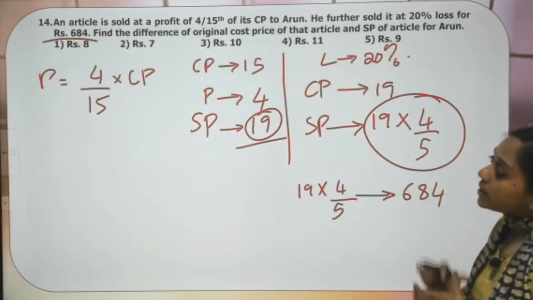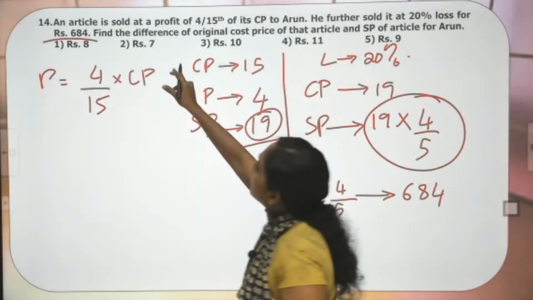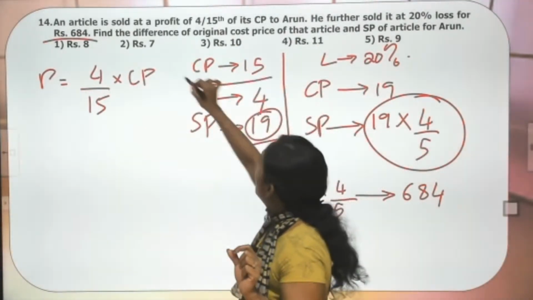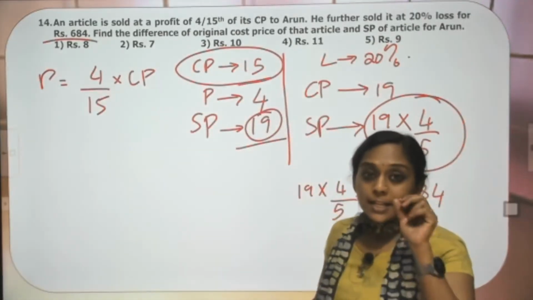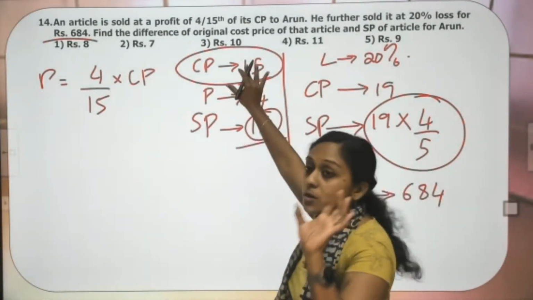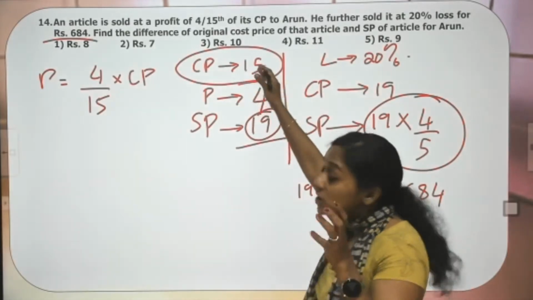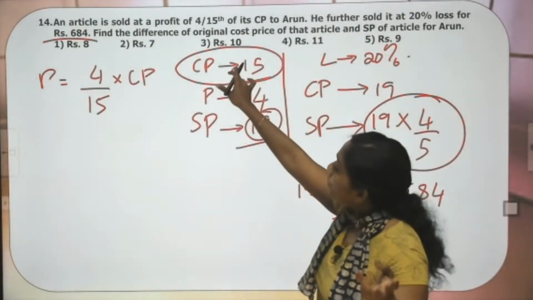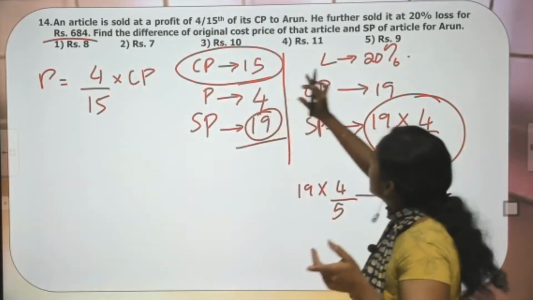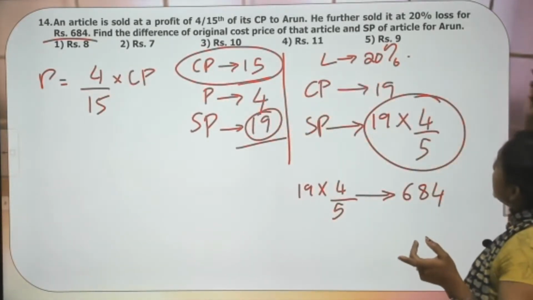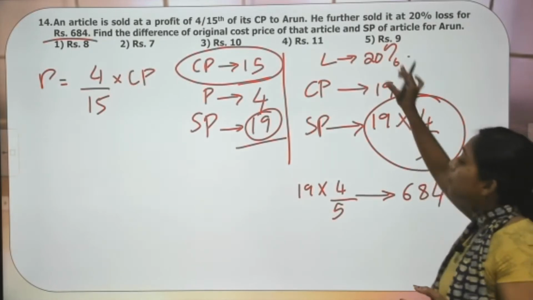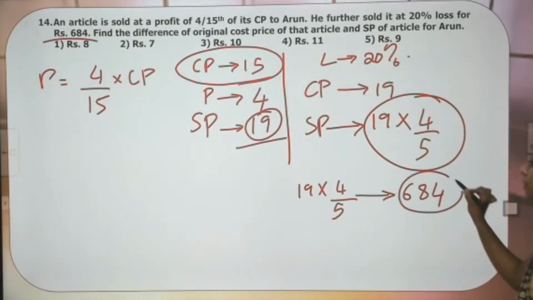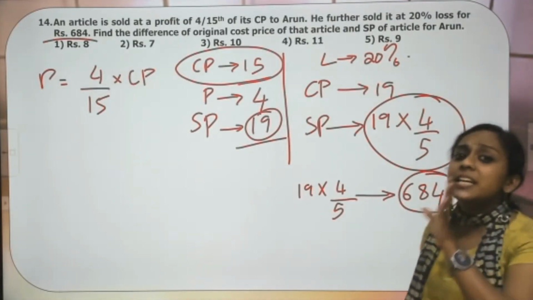So what is the actual question? Find the difference of the original cost price and the selling price of the article for Arun. The original cost price is 15, that is where we started. This is an assumption value, but 684 is a real value. For Arun, the selling price of the article is 684, clearly given in the question.